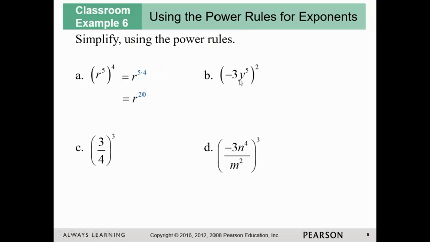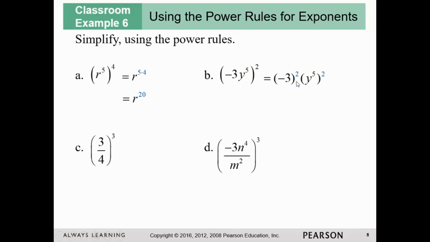Then in B, what we have here is a product to a power, because negative 3 times y to the 5th is a product. So remember, when we have a product to a power, we apply the exponent to both of the factors in the product. So we apply the square to the negative 3, then we apply the square to the y to the 5th.